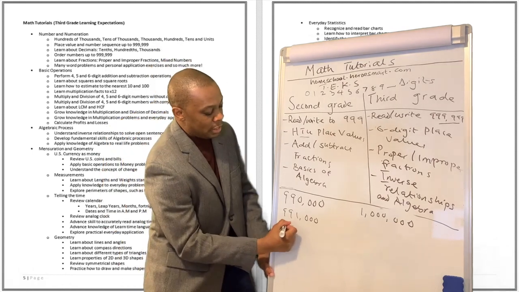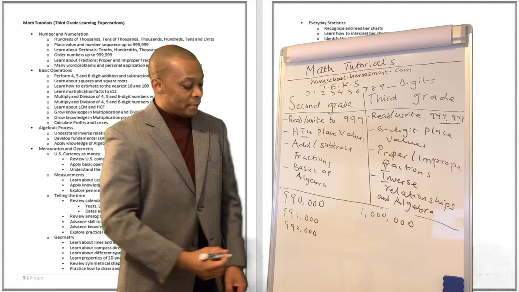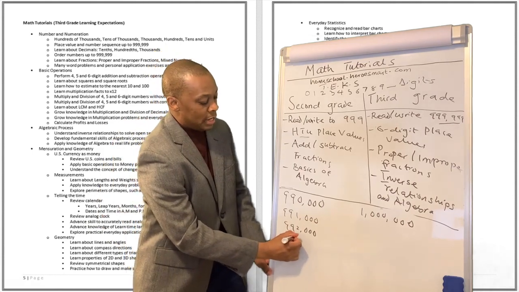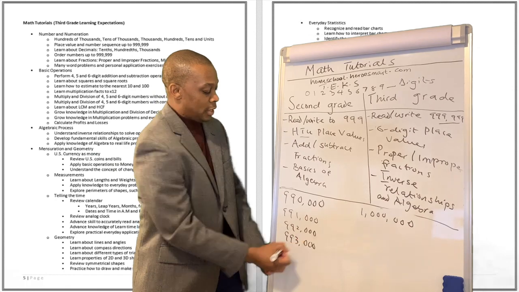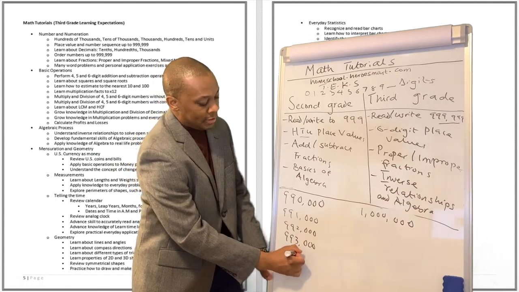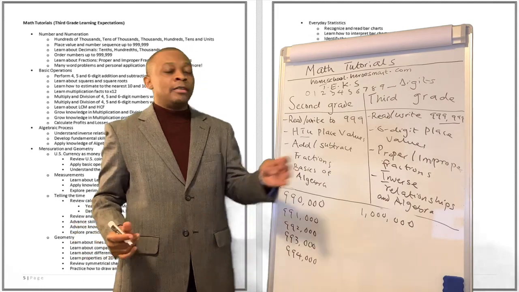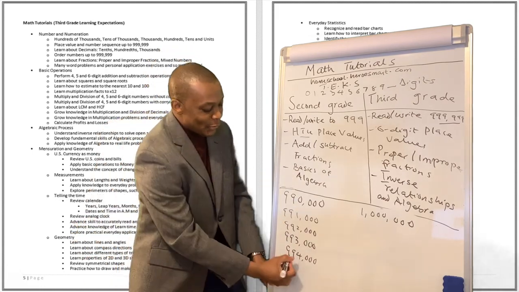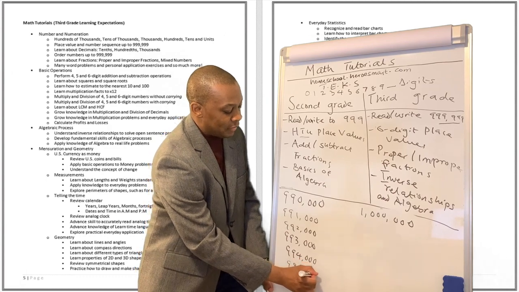992,000. 993,000. 994,000. These are the large numbers right now, the third grade level. 995,000.